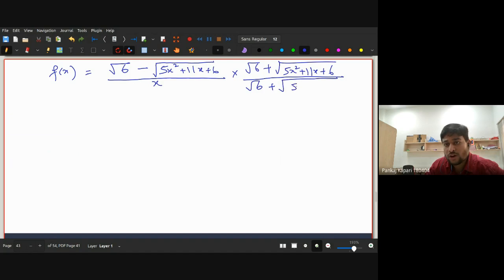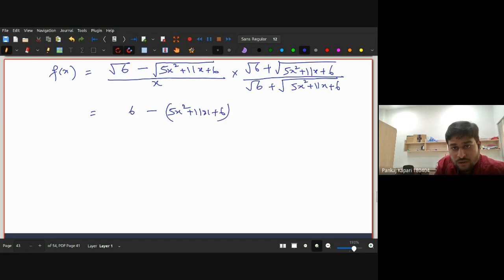This is called rationalization. It may not be rationalizing the denominator, but it is rationalizing the numerator at least. So in the numerator we will have an a minus b into a plus b situation. That means in the numerator you have 6 minus 5x square plus 11x plus 6.